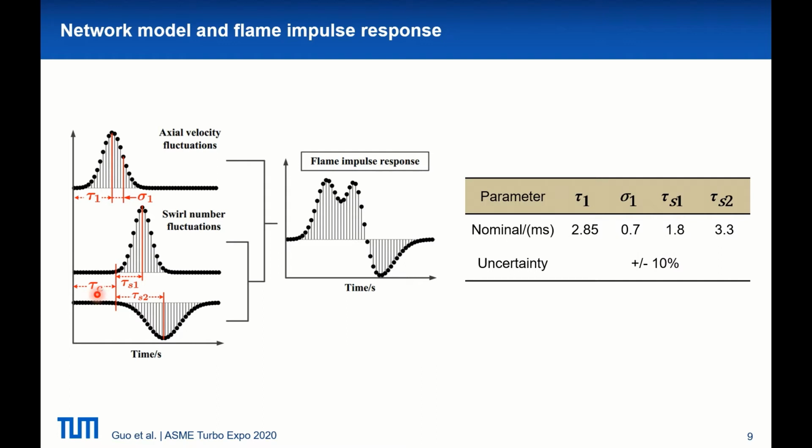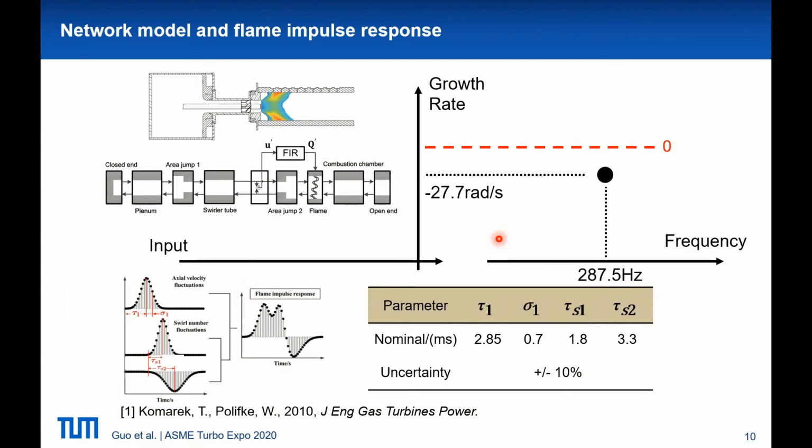Tau c here denotes the time lag for an inertial wave to travel from the swirler to the flame base. In the current study, we assume this parameter is fixed at its nominal value. Finally, we focus on the quarter wave mode of the combustor. Due to the uncertainty in flame model parameters, the growth rate value may also go above zero.